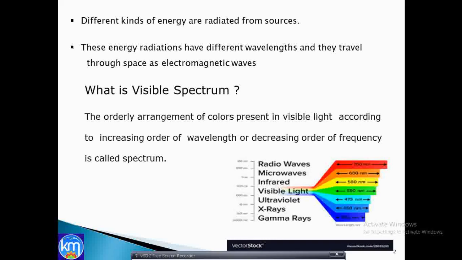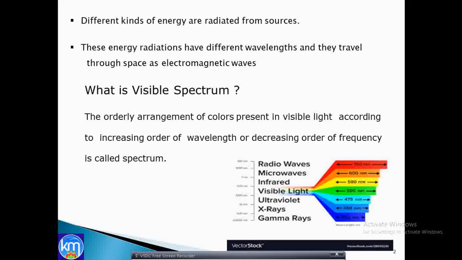Here we can see in the diagram that we have different members in the electromagnetic spectrum. In this diagram we have the decreasing order of wavelength. The highest wavelength is for the radio waves, and next come microwaves, infrared, visible, ultraviolet, X-rays, gamma rays.